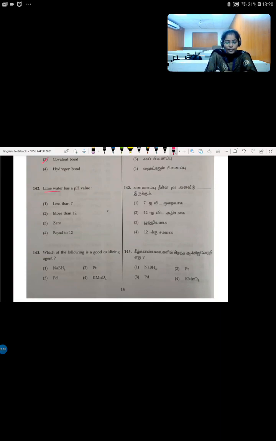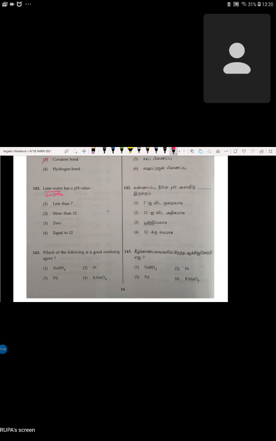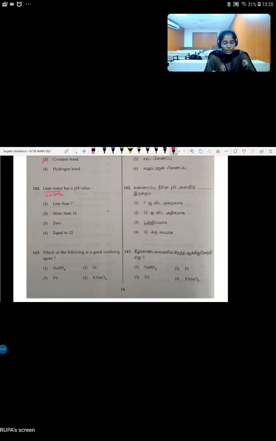What is lime water, Amma? Lime water is calcium hydroxide, which is slaked lime, right? Ca(OH)2. This calcium hydroxide has pH equal to 12. It is not a strong base, right? We learned that strong bases have pH greater than 12: 12, 13, 14.